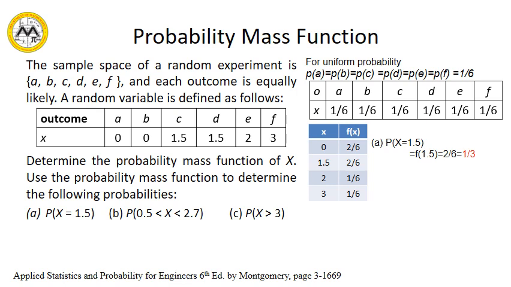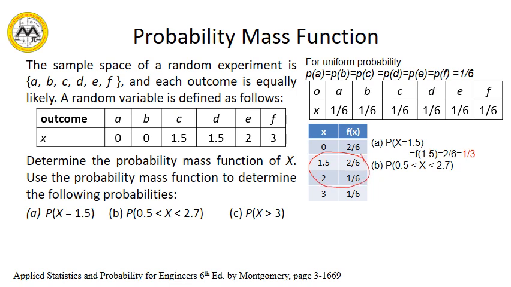For the second one, the probability of x in between 0.5 and 2.7.